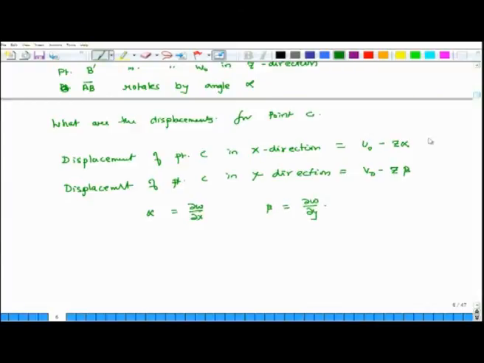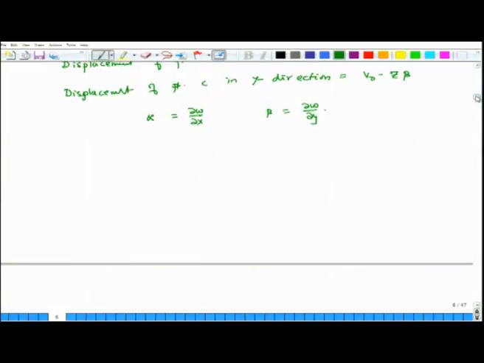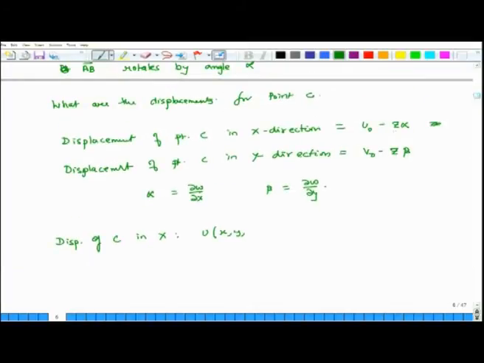Okay. So, we can say displacement of C in x, what is it? It is u, it is not u naught, and u can vary from point to point. So, u is a function of x, y, and it also depends on z, because z is here. Okay.